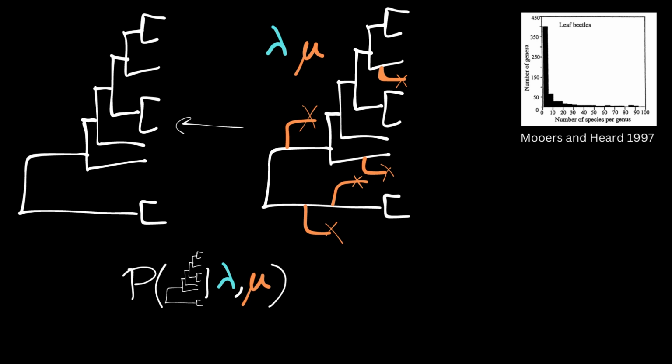So if you imagine that this process unfolds through time, this is the cartoon of the tree to the right, that through time some speciation events occur, through time some extinction events occur. So these are all the orange ones, the branches that never make it to the present because they become extinct.